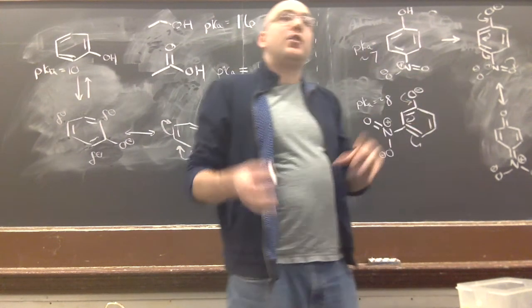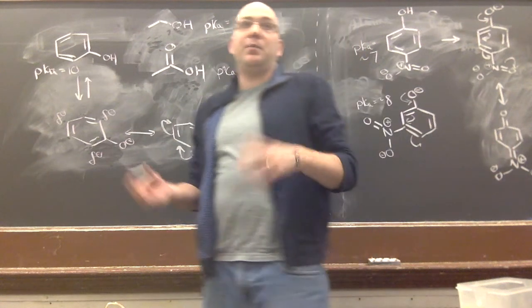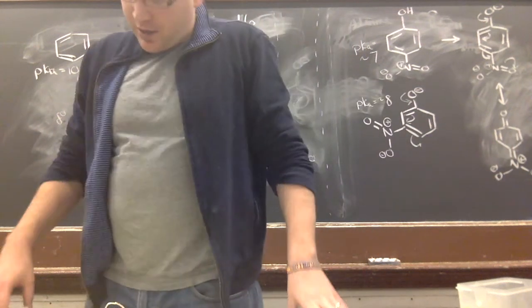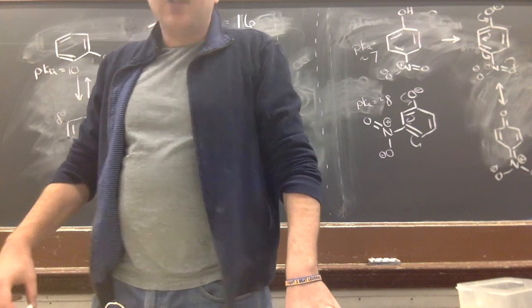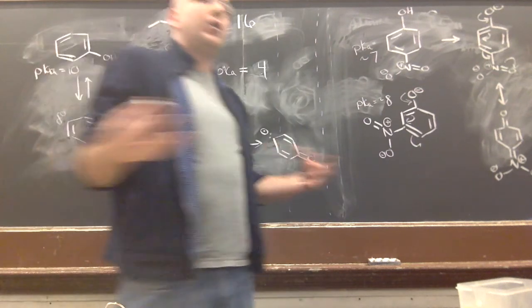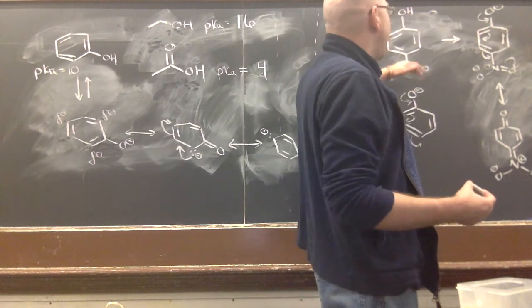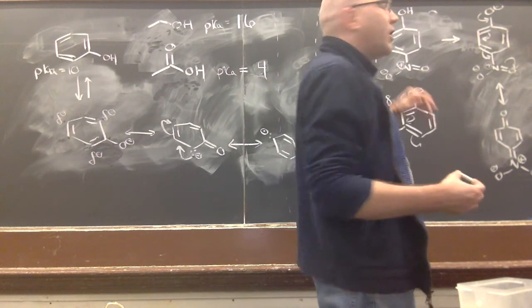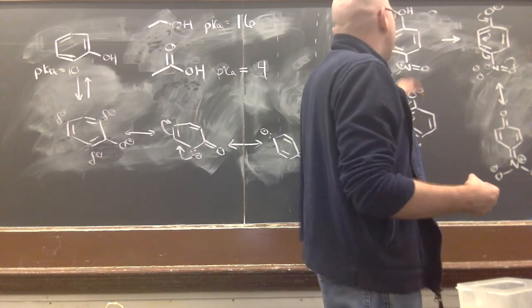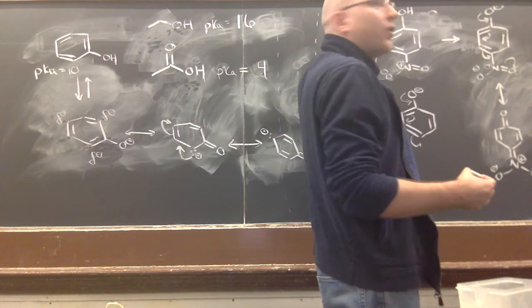Likewise, you might imagine at the ortho position, it might be even better than the para position. I actually don't have those pKa values down, but you could probably predict that because it would be closer in proximity as well. So we just discussed meta and para; what we didn't discuss is the ortho position.